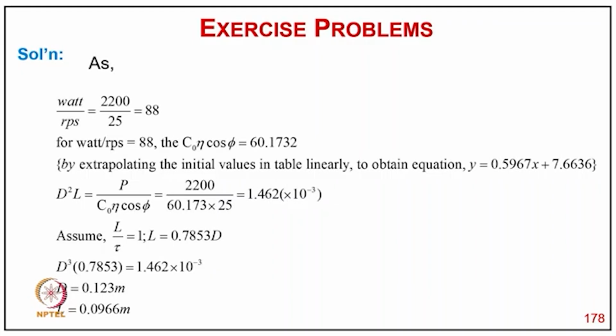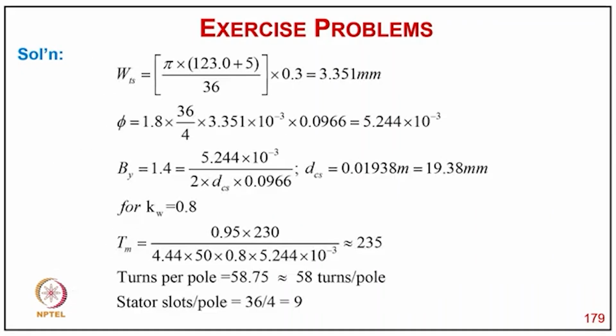Assuming L upon tau 1, so L equal to 0.7853 D, and D cube is 1.4 into 10 to the power minus 3, and D comes to 0.123 meter, and L is 0.0966 meter, and WTS, putting in the dimensions, comes to 3.35 millimeter, and the flux phi, putting the value in this relation, comes to 5.25 Weber, and By is 1.4 Tesla.